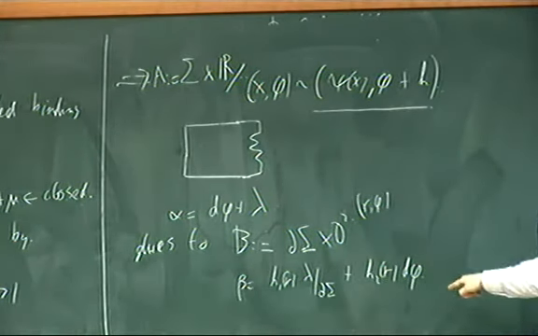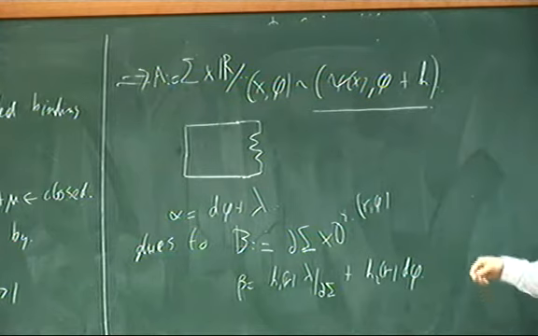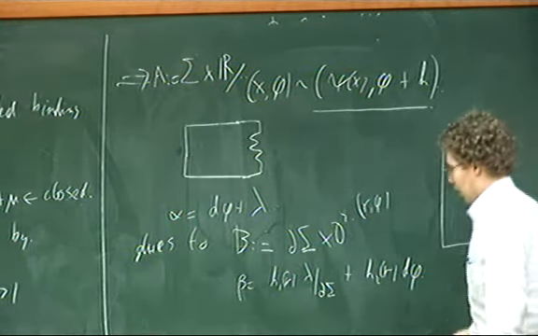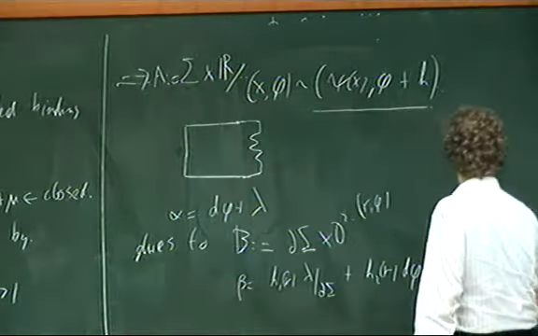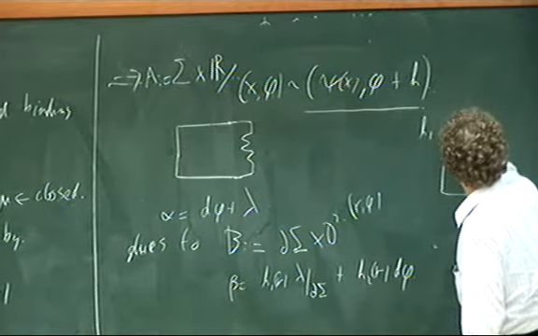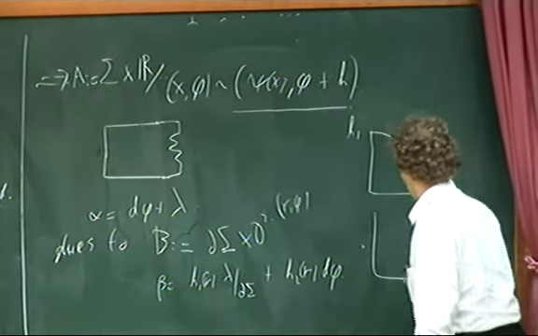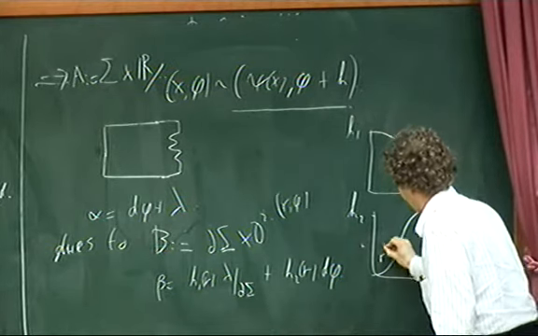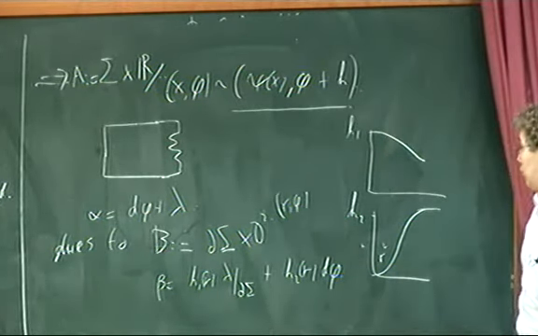This is inspired by the contact form on a Lutz tube, but the functions h₁ and h₂ have the following form, so they're a bit different from a Lutz twist in dimension 3. So h₁ should look like this, and h₂ should look like this. It grows quadratically here, and here it becomes constant.